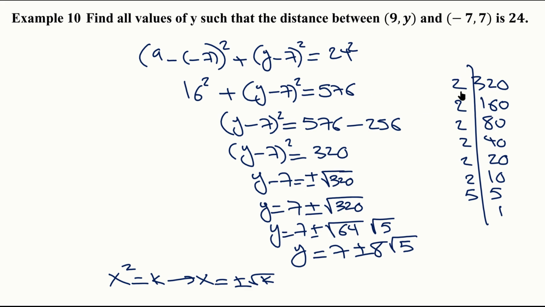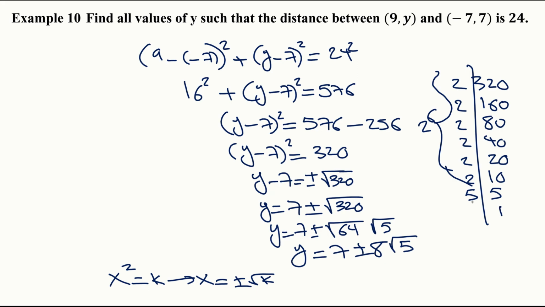Because when you do the prime factorization, what you get on this side is the factorization of that same number. So the product of all these prime factors will give you 320. So we can always split 320 into the perfect square part, which is 2 to the 6 or 64, and then times that.